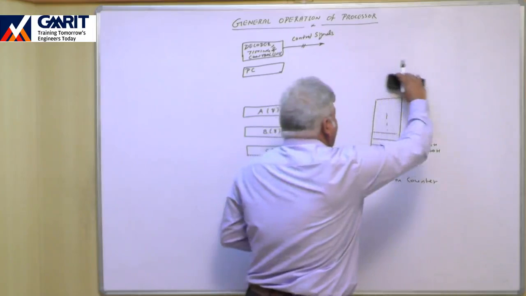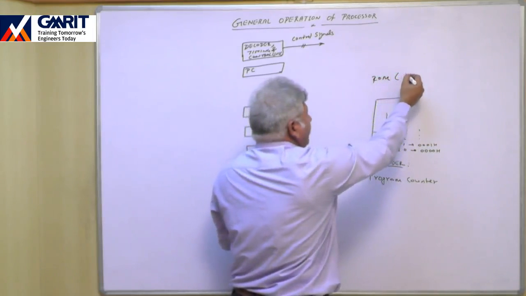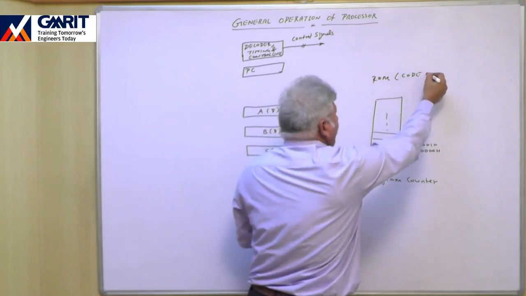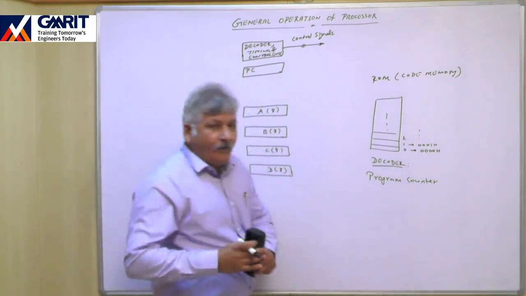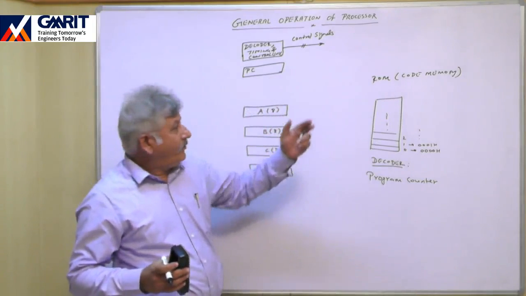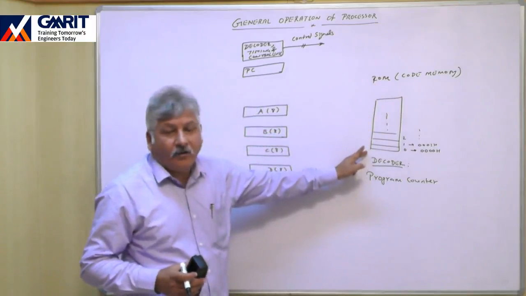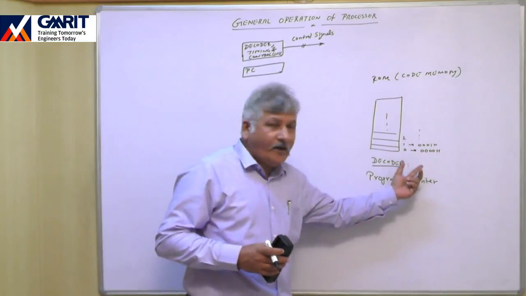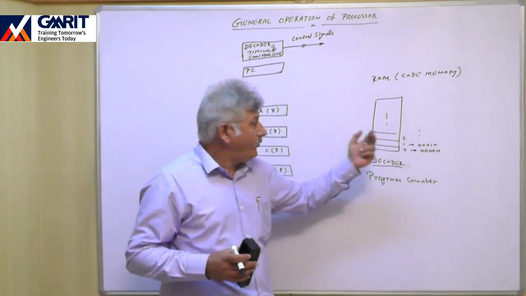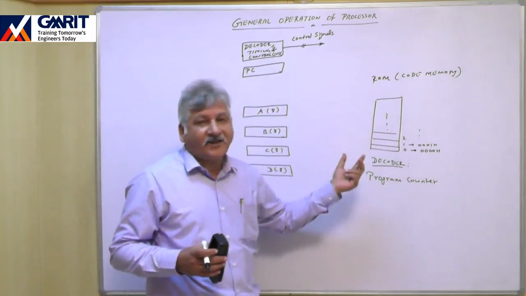So let us assume this is our ROM or code memory. Whatever program we write will be loaded in this code memory, and this program counter will point to the memory location from where the processor will fetch the next instruction.